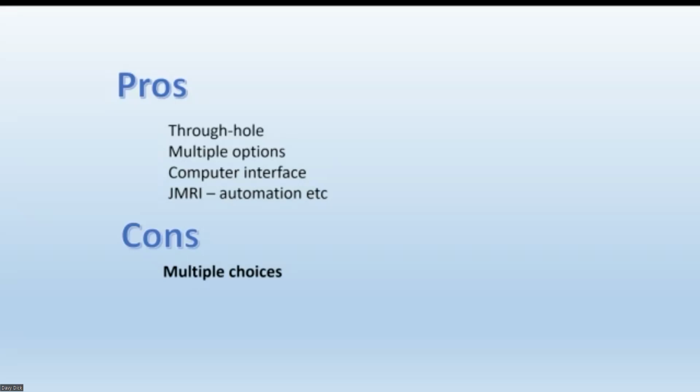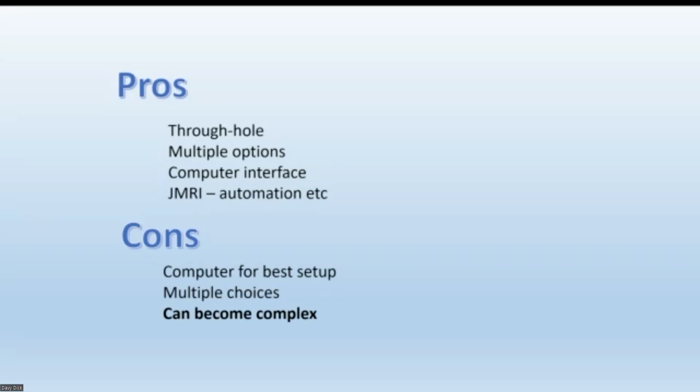There's a learning curve to even know which ones you want to adopt. It's best to have a computer interface if you want any real size of layout, so it's an extra cost and an extra learning curve. And it can become pretty complex if you've got a large layout and you want to control it or even set it up, particularly if you want to automate it.